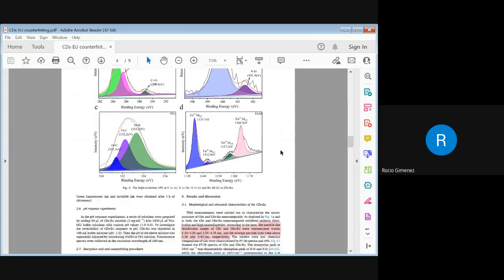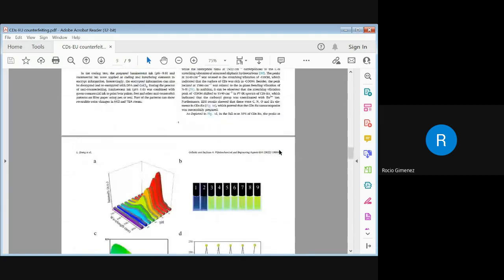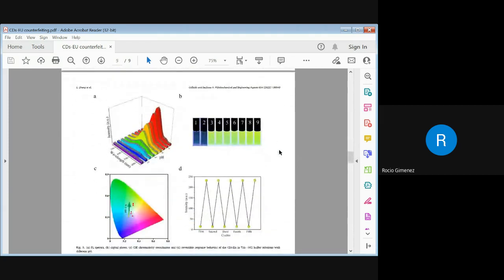Next, they evaluated the fluorescence spectra of the europium nanocomposite, and they saw that the optimal emission peak was located around 525 nanometers, with a strong green light emission observable under a UV lamp. They also tested the fluorescence spectra of these nanocomposites in different pH buffer solutions.